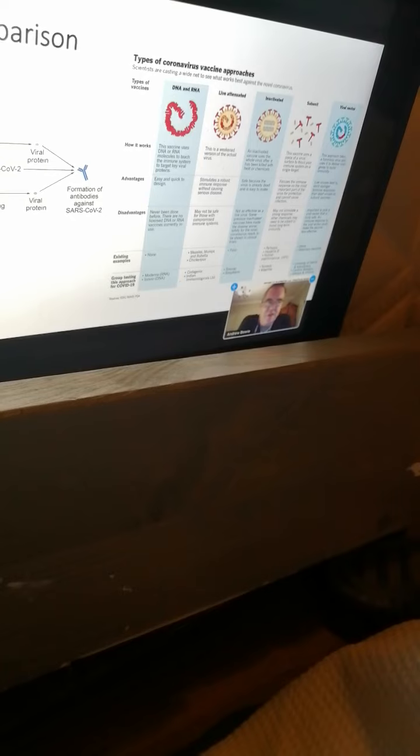Whereas the RNA vaccines, Moderna and Pfizer, would not have used these cells to grow. So it's not true that the vaccines contain fetal cells or fetal tissue, but it is true that part of the development process of some of the vaccines did involve using a cell that has an ancestor cell from a fetus 50 years ago.